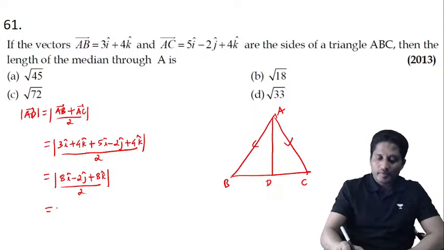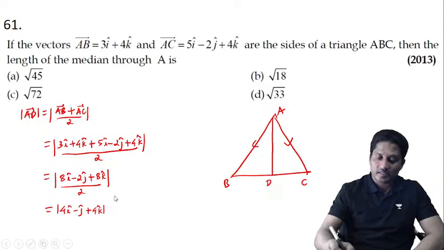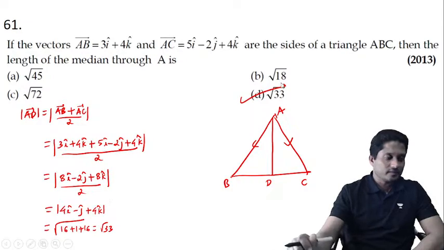If I take 2 common and cancel, you will get 4i minus j plus 4k. Its length is root of 16 plus 1 plus 16, which is root of 33. Right, the answer is option D.